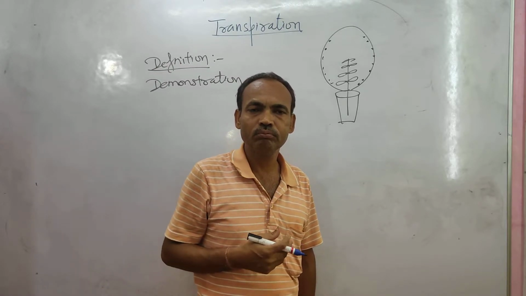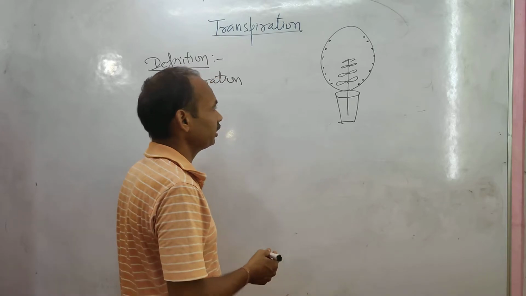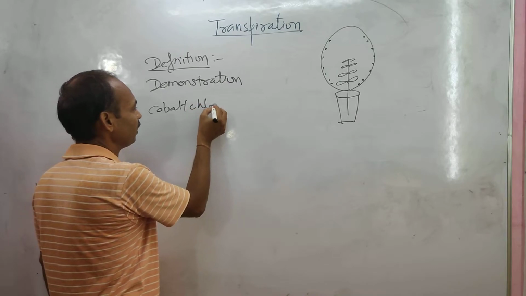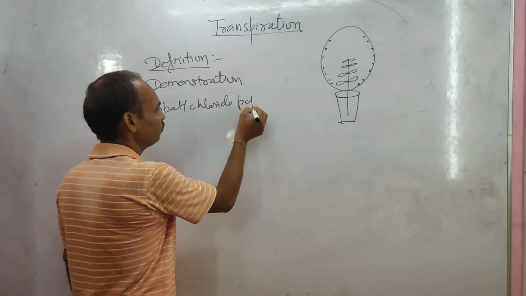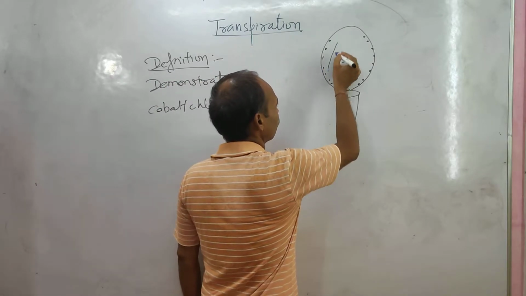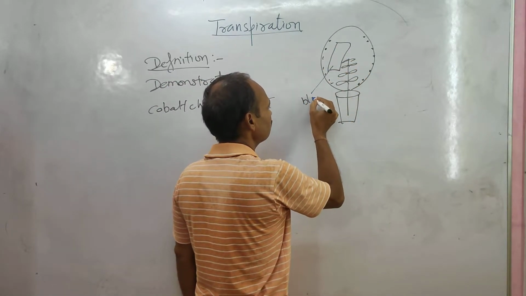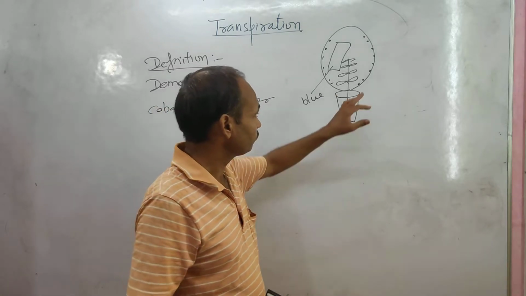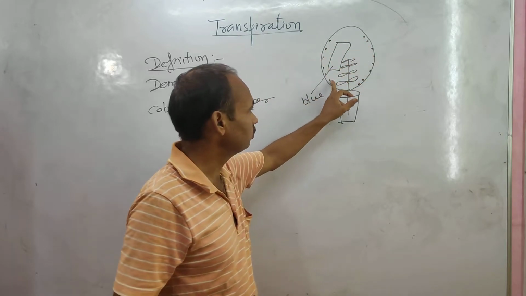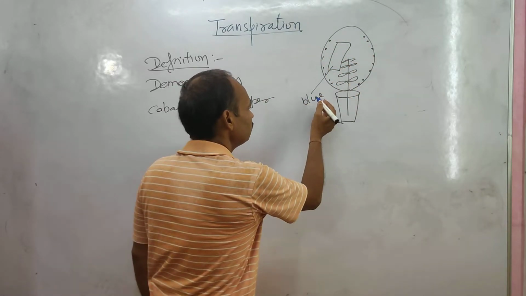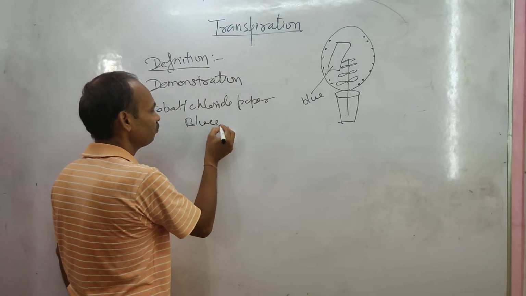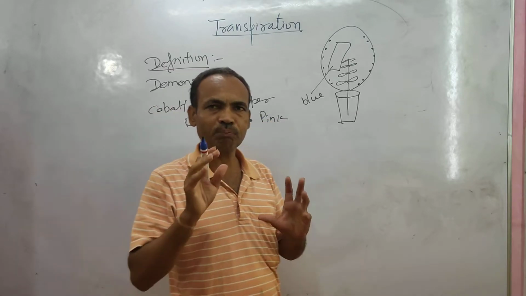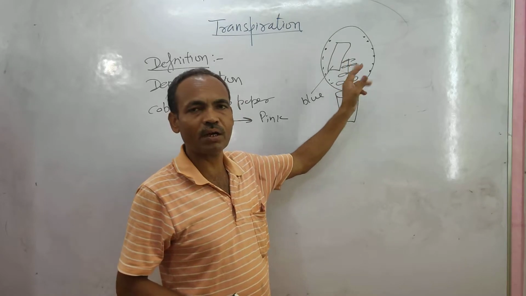So another type of proof is important. The other proof is cobalt chloride paper. Take cobalt chloride paper, which is blue in color, and after some drops of water escape, this blue color of cobalt chloride paper turns pink, which confirms that there is a drop of water.